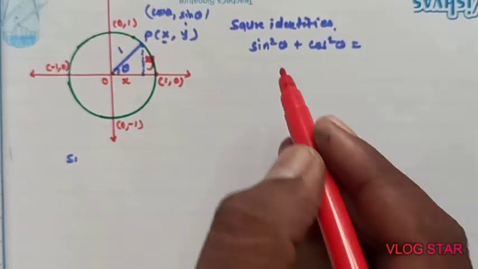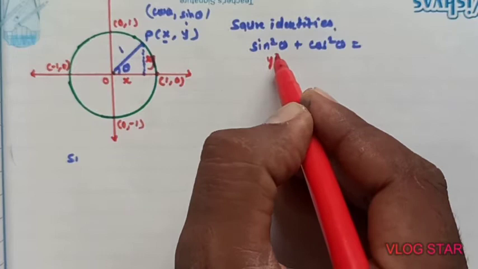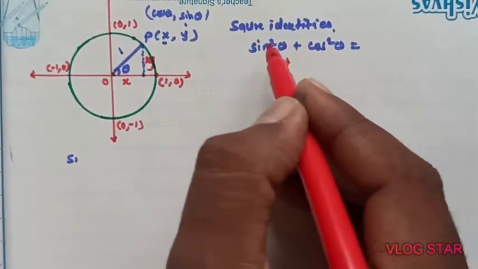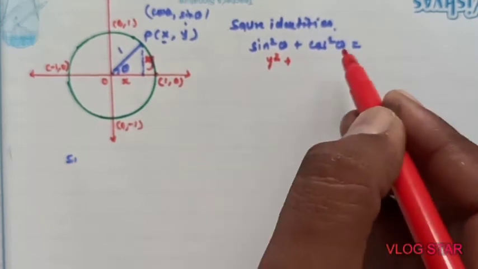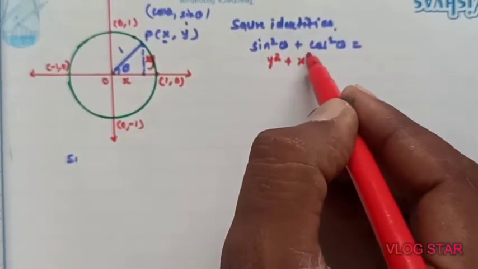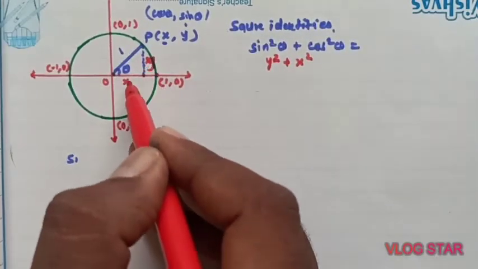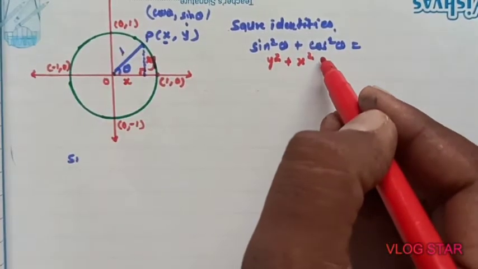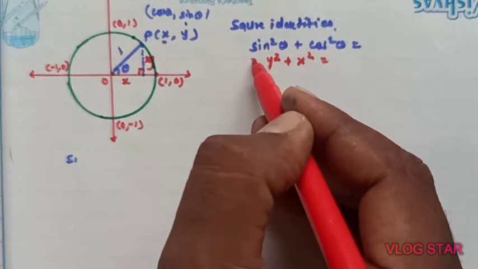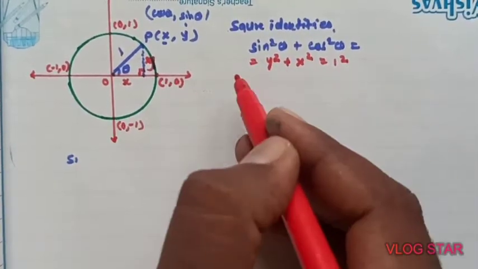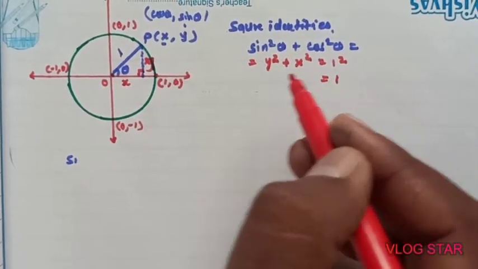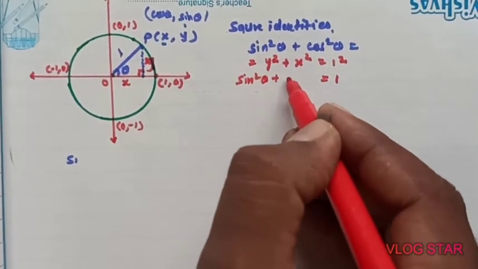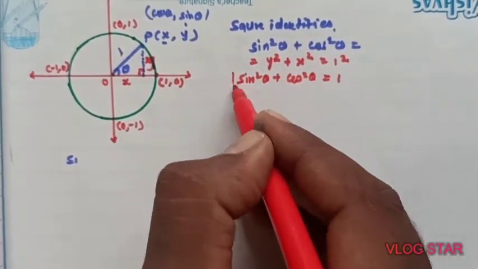Sin theta is y, cos theta is x, so y square plus x square. But look at this right angle triangle, where x square plus y square is 1 square by Pythagoras. So that is 1 square, and the final answer is 1. So sin square theta plus cos square theta is 1.